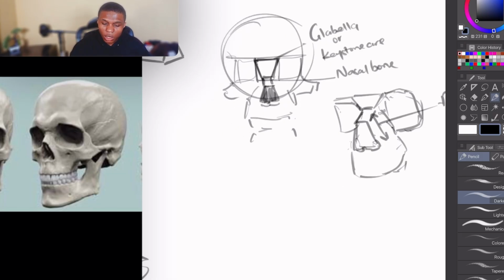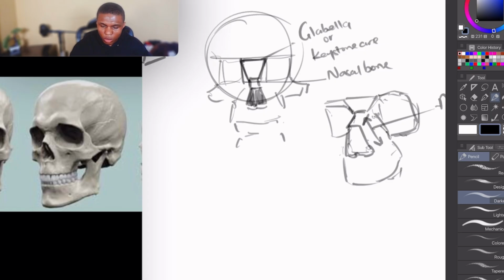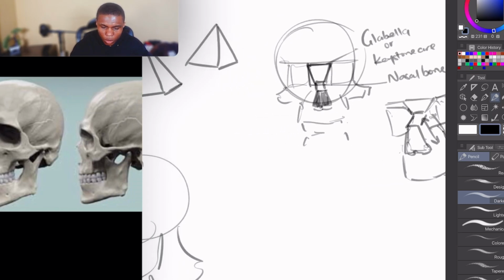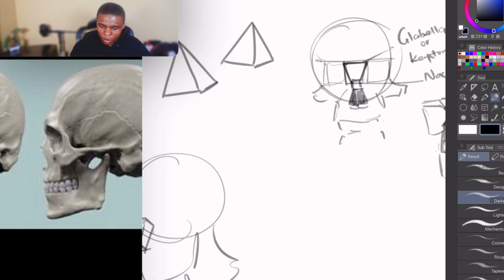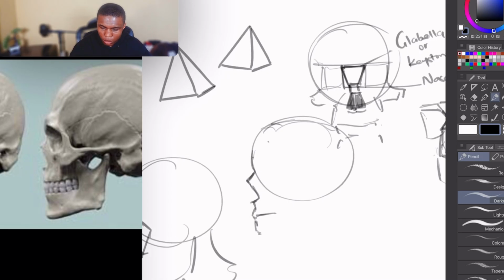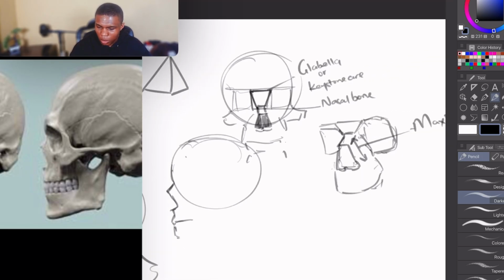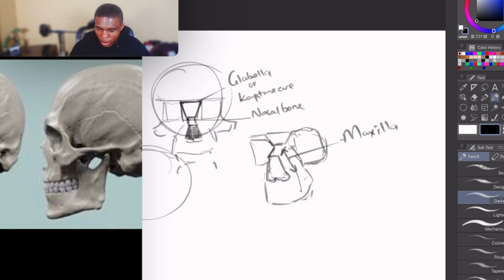So the nose is mostly cartilage. So when you look at the nose, let's look at it from a side view. We have our nasal bone here, and then, talking about the maxilla, this area around here is the maxilla, and it's also called the upper jaw.